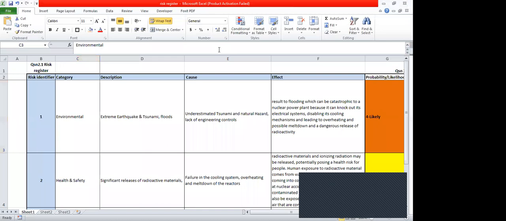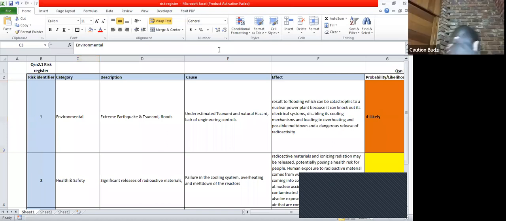Hi, question. Yes. On column G, you've got probabilities and likelihoods. Does this mean, since on point number 1 you said it's likely, that it's likely to happen, or what is the likelihood? Oh, okay.